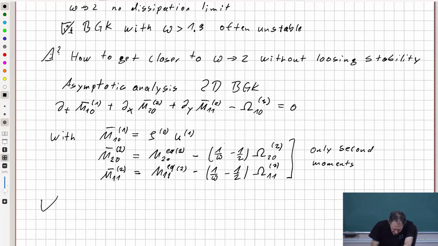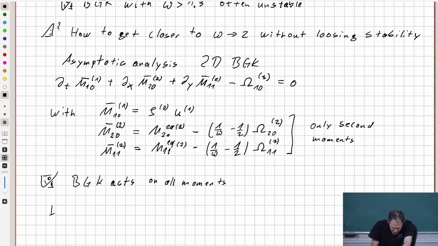So, as I just said, BGK acts on all moments. The nice thing is we do not have to separate the moments because we treat all of them the same.